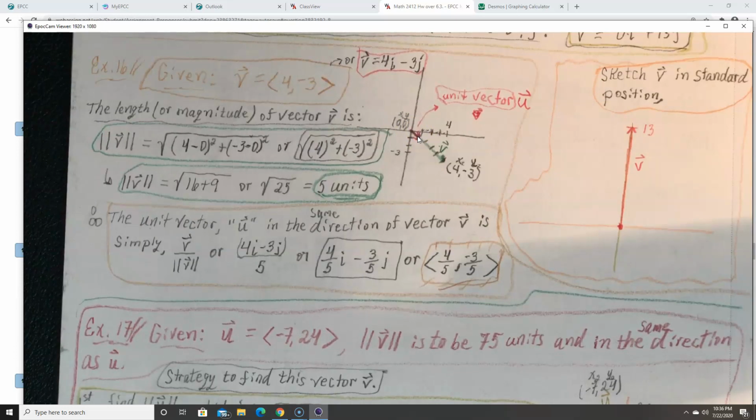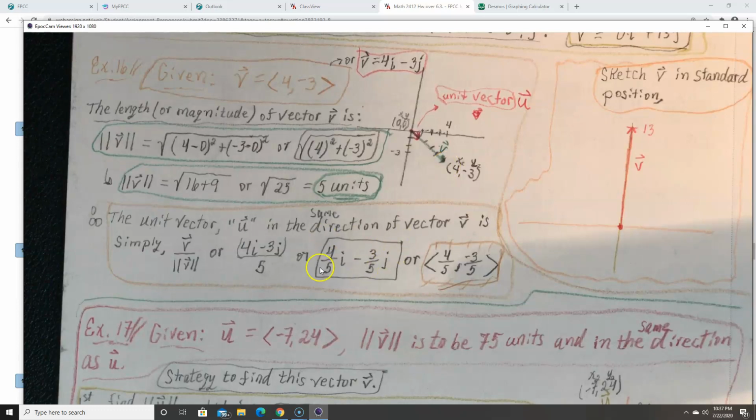And then move down 3/5 of a vertical unit vector, which we call j. 3/5 of the j vector. And then when you do that, you'll be right here on this same line as this vector v is. And there, that would be your unit vector u. That's in the same direction as vector v.